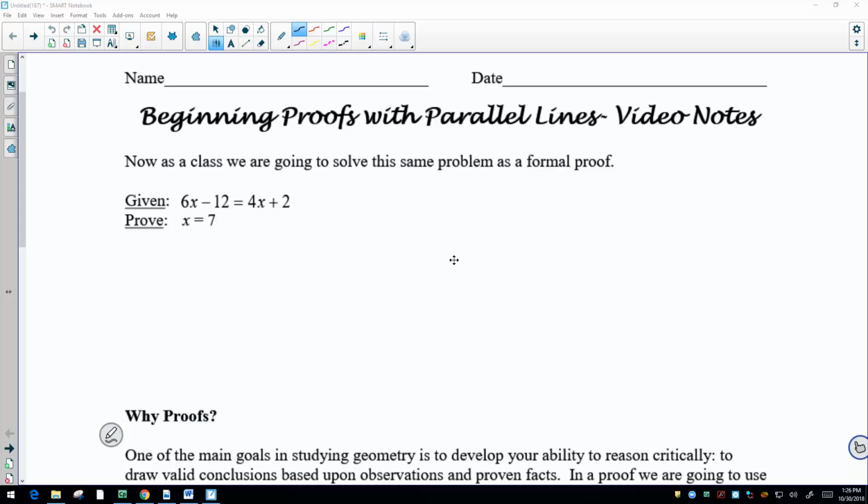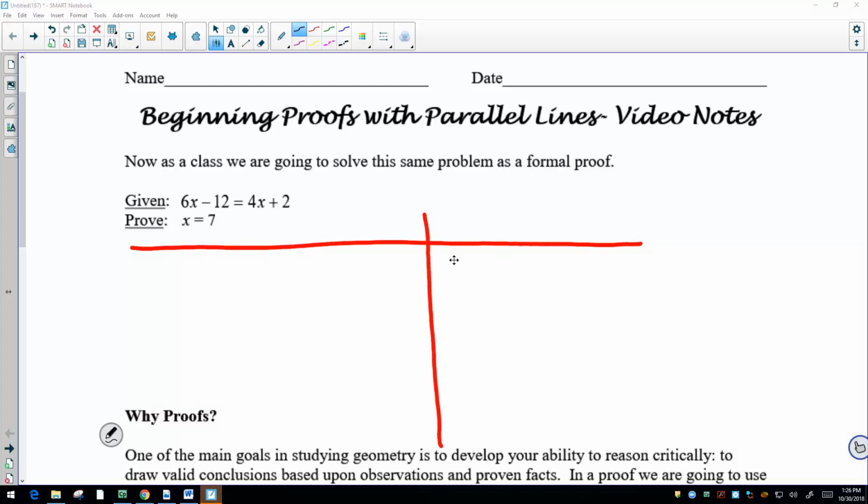a proof. So when you're doing a proof, typically you'll see a 2-column setup, where the left-hand side are your statements and your right-hand side will be your reasons. You always need to have a reason for every statement you put down.